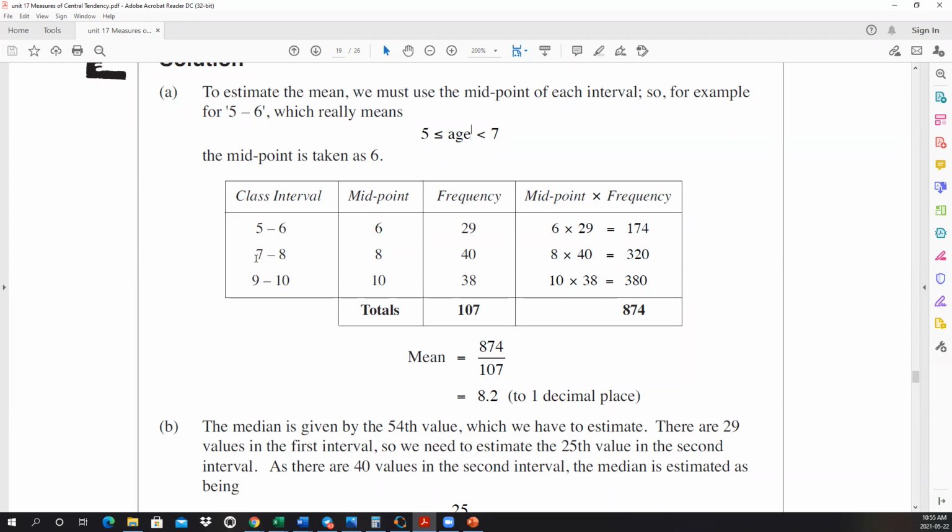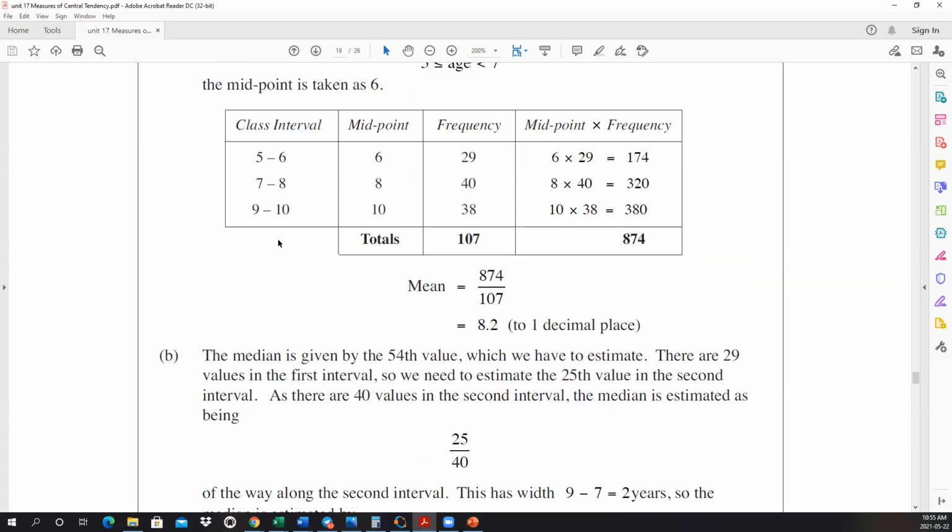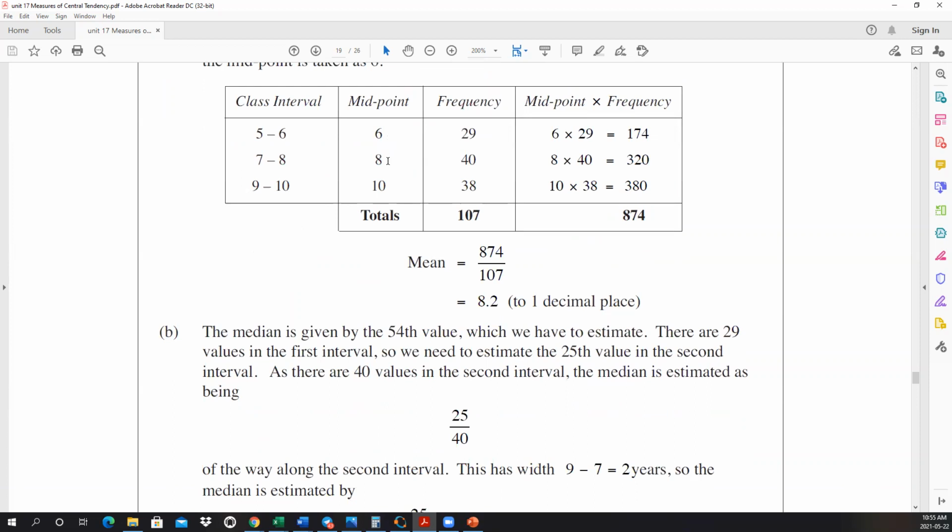And then this now would be the age is greater than or equal to 7, but less than 9, right? And then this is now the age is greater than or equal to 9, but less than 11. So you have to understand this, or else your midpoint will be wrong.